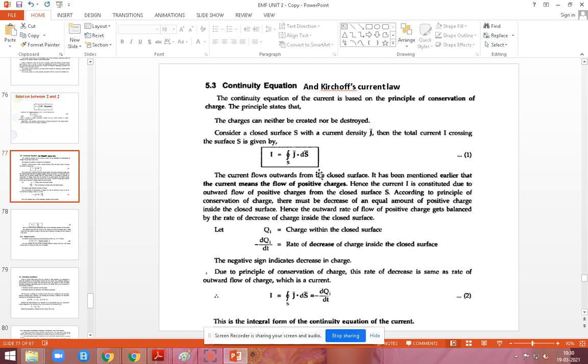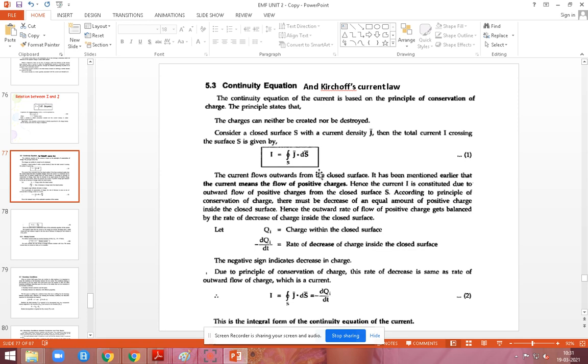The current flowing outward from the closed surface indicates the flow of positive charges flowing outward from the closed surface.